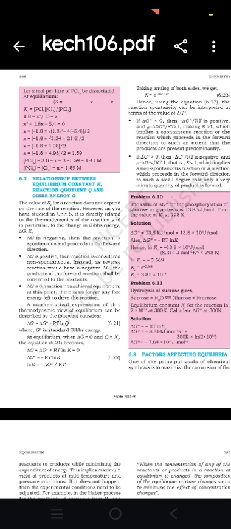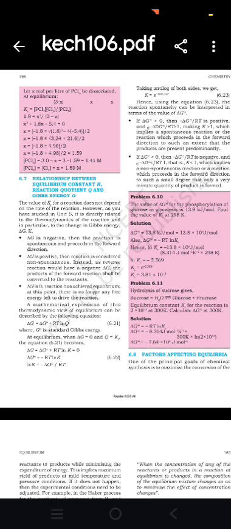If ΔG is greater than 0, then −ΔG/RT is negative and e^(−ΔG/RT) is less than 1, that is K less than 1, which implies a non-spontaneous reaction, or a reaction which proceeds in the forward direction to such a small degree that only a very minute quantity of product is formed.